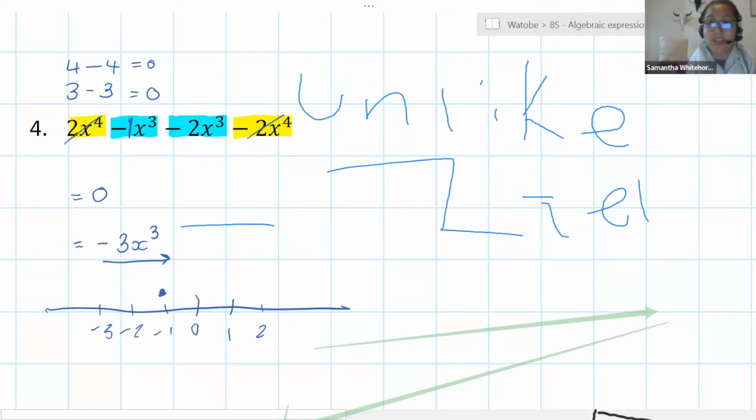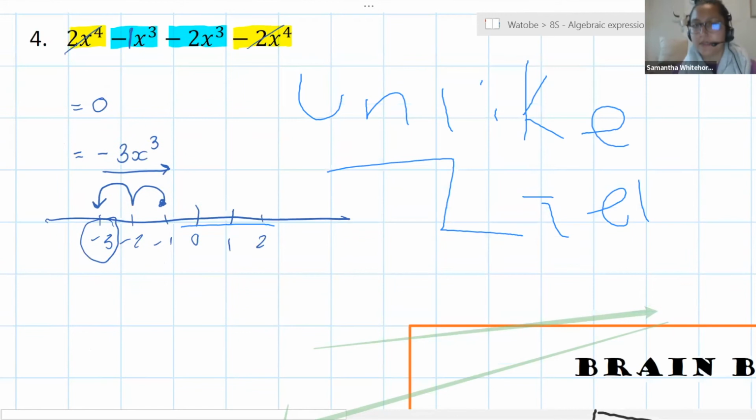I now want to take away another 2. So I already have negative 1 and now I want to take away even more. When I take away even more, I'm going to get to a more negative value, and taking away 2 leaves me at negative 3x cubed. So that's why I got negative 3x cubed for my answer in question 4. Okay, I hope that helps.